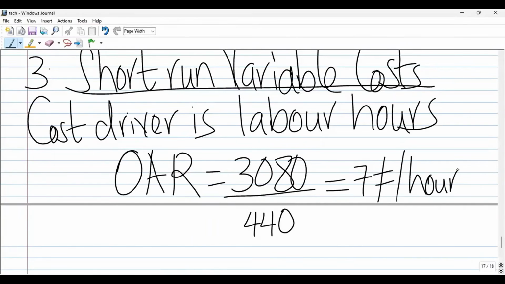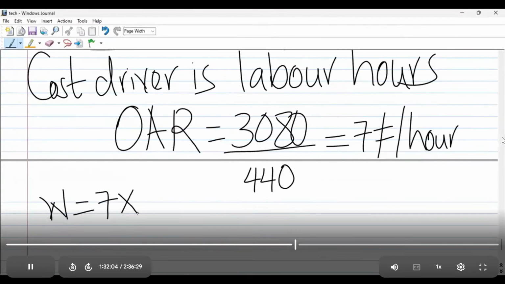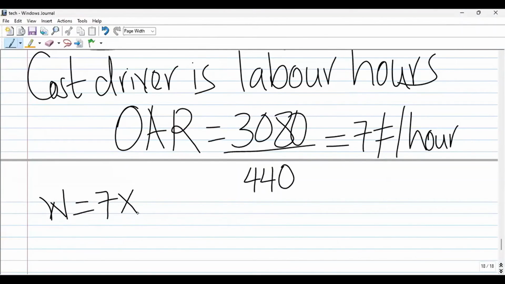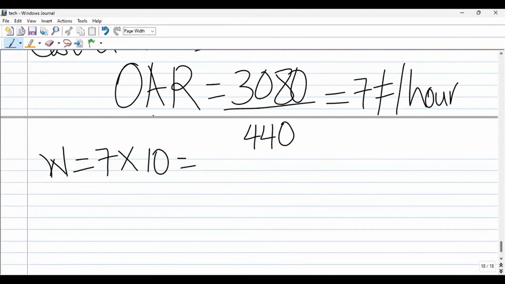So I go and allocate that cost. For product W, I'm going to have 7 times the labor hours for W. How many labor hours do we have for W? We have 10. 7 times 10 gives us 70. For X, 7 times how many labor hours? 30.